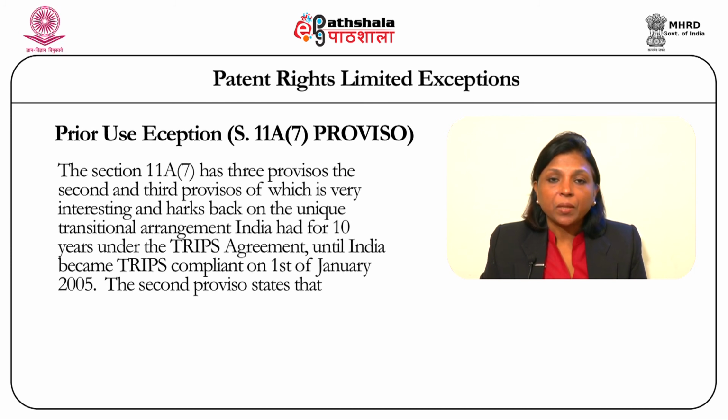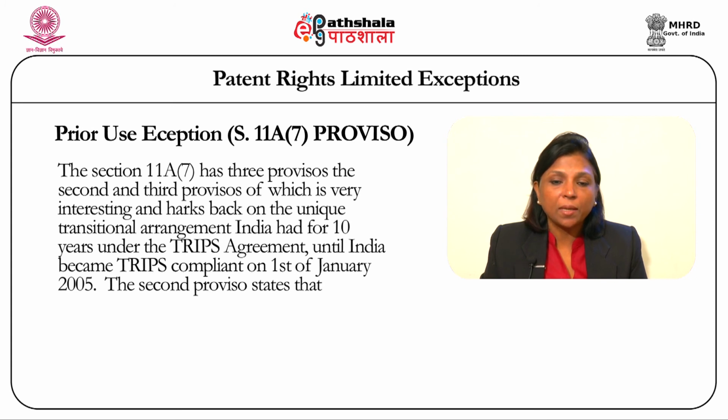And this meant that there were transitional arrangements made. And transitional arrangements in this case were the mailbox applications. So applications for product patents were filed in India, and that was allowed under the 1999 amendments, and they were put into a mailbox to be opened only in the year 2005 for purposes of examination and grant of patent. So Section 11A(7) has certain provisos.